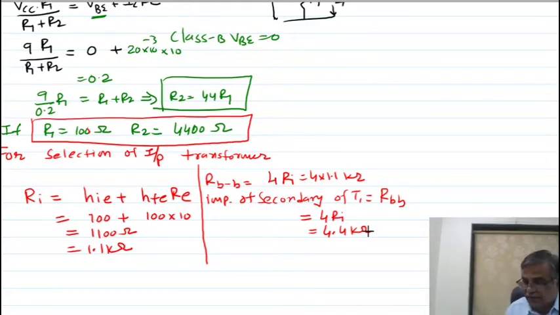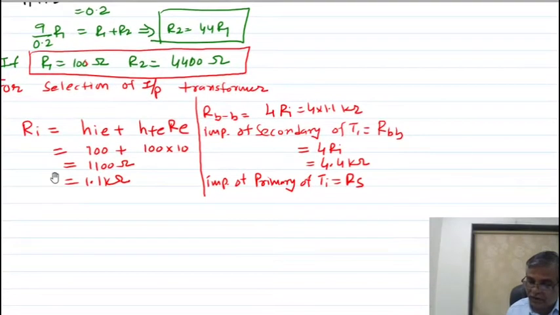Now the primary impedance of TI should be of the order of RS according to the maximum power transfer theorem.